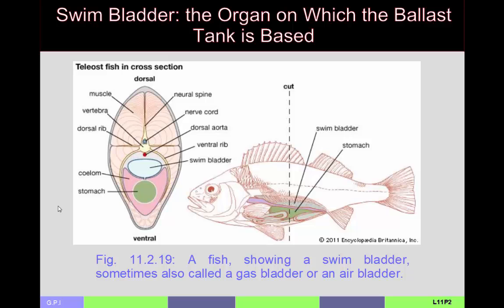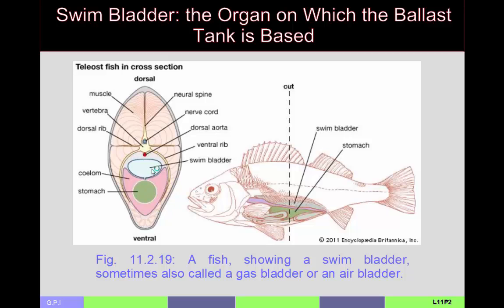The third and final simple application of Archimedes' principle that I wanted to address is a more biological example, and that's how a fish is able to duplicate the same thing that the submarine is doing. The submarine has ballast, and the fish has an organic, internal ballast called a swim bladder.